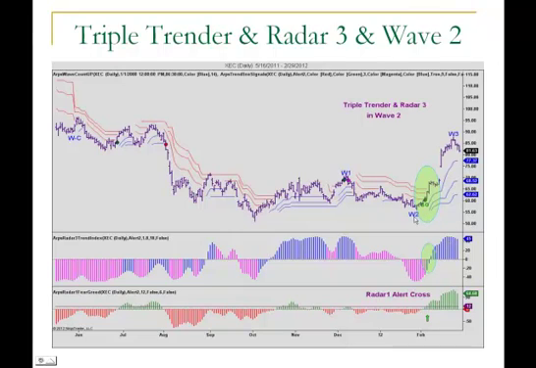So again, we're using the wave counts tool, we're using the Radar 1 alert aspect right here, Radar 3 trend strength confirming the triple trender entry for this long trade.